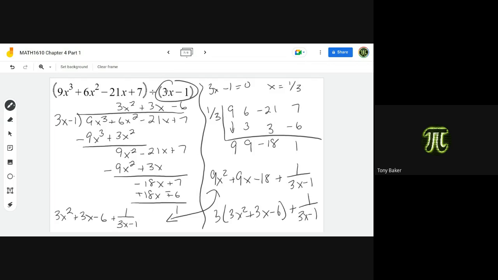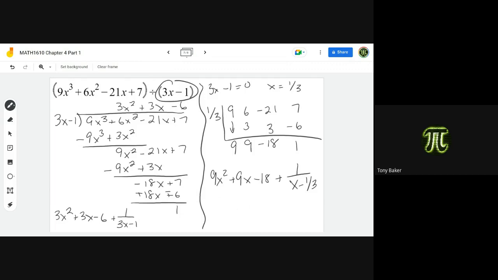All right. No, that would be the final answer right there. Because actually, I did make one mistake. This would be x minus 1/3, not 3x minus 1.